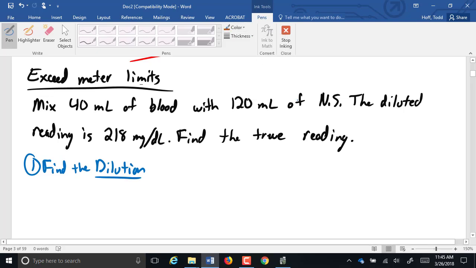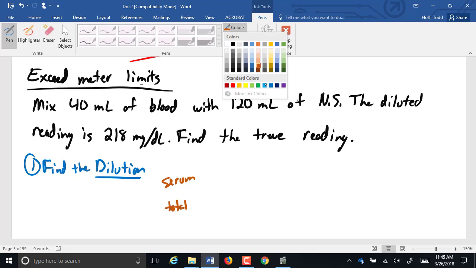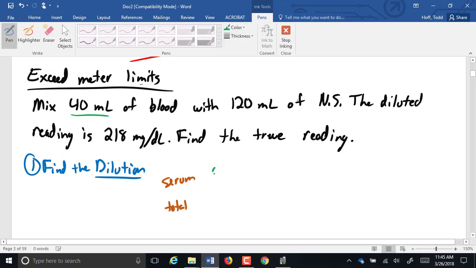Remember, the dilution is going to be the serum, in this case the blood, to total solution. We have 40 milliliters of blood, of serum. What is our total solution down here? Is it just 120 milliliters of saline?